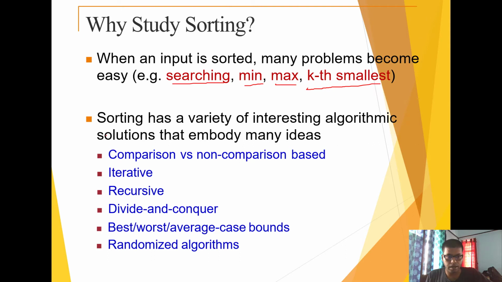There are different varieties of sorting algorithms: comparison and non-comparison based, iterative, recursive, divide and conquer, base sorts, average case bound, and randomized algorithms. We'll discuss those that are important with respect to our undergraduate curriculum.